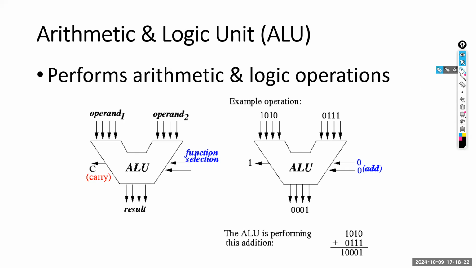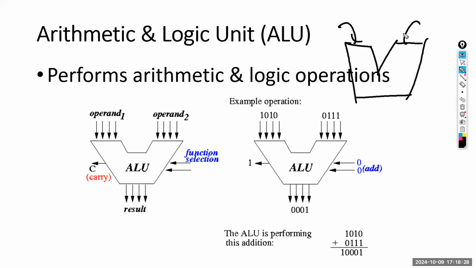So this is how you visualize the ALU as a logical thing. Usually we use this particular symbol as a convention. This is your input, maybe 2 or 3 inputs, which we call operands. Then you get the result in binary, a set of ones and zeros. Say this is my 1010 and 0111 as my data, and the control signal says add.